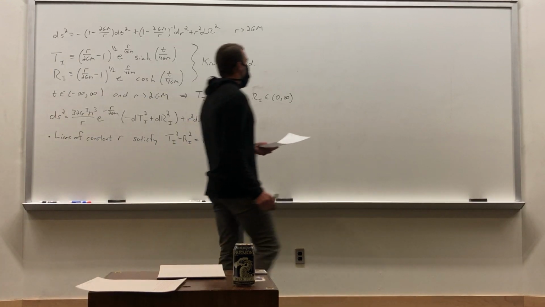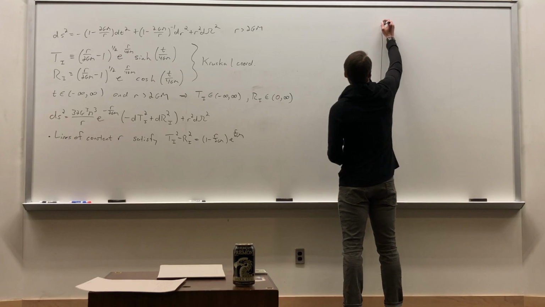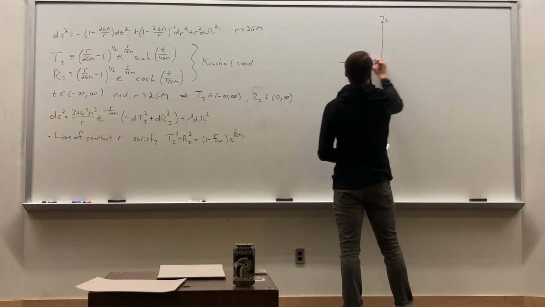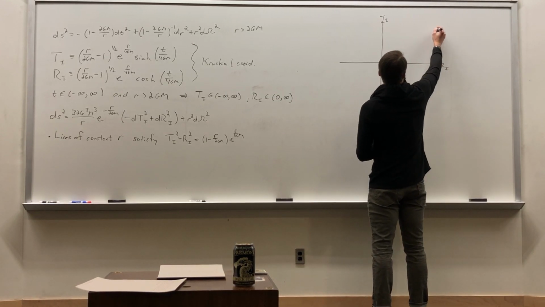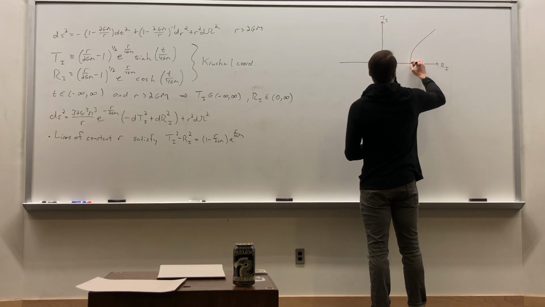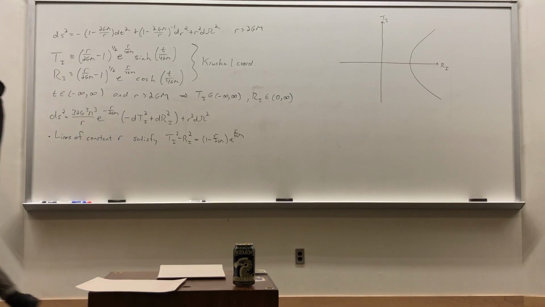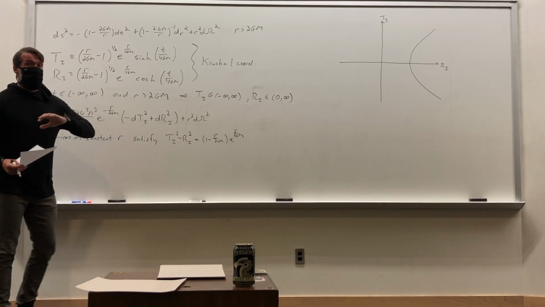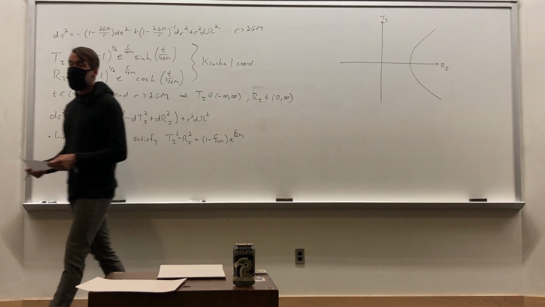Well, this should kind of be obvious what that should look like. It should look like that. Remember, this might be the equation of a hyperbola, except r is only positive, so we're only getting half.